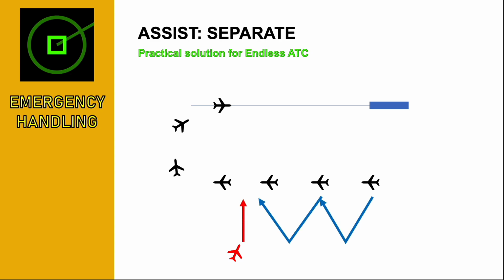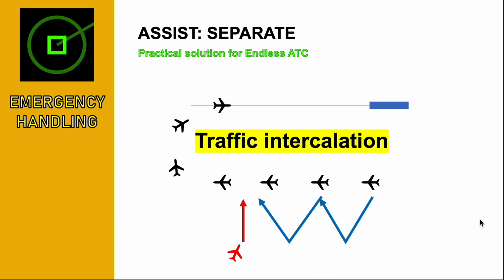As you can see, if you do this procedure, you're going to put this traffic in front of these two, and this is traffic intercalation. When we talk about advanced sequencing, you're going to see this concept again. So pay attention and stay until the end, because you're going to see how you can apply that in order to create the best sequences possible.